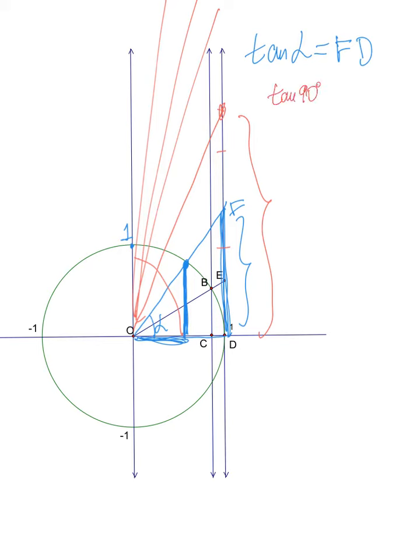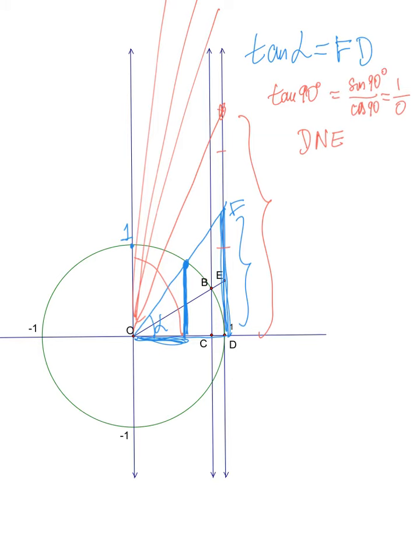According to the diagram, it makes no sense because the vertical y-axis will never intersect with the vertical tangent line. But also let's think, the tangent is, as we define, sine over cosine, and cosine 90, as we know, is 0. So we would get 1 over 0, which does not exist.